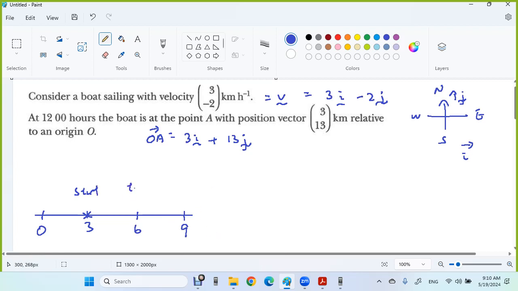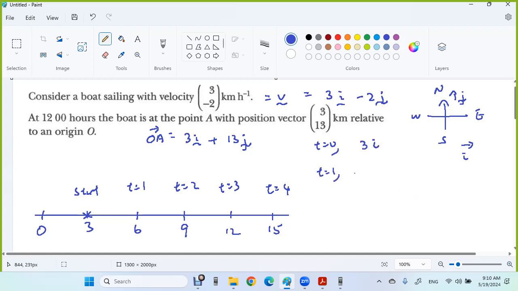So this is t equal to 1, t equal to 2, and then we also have 12 and 15, t equal to 3, t equal to 4. So t equal to 0, then it is 3i.